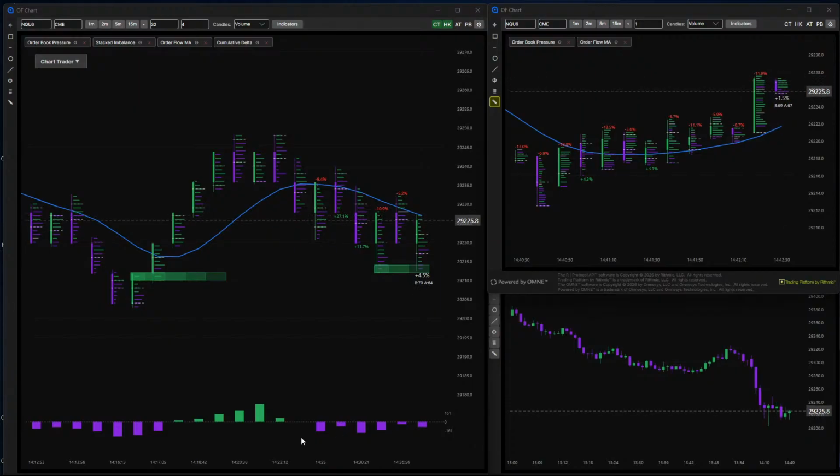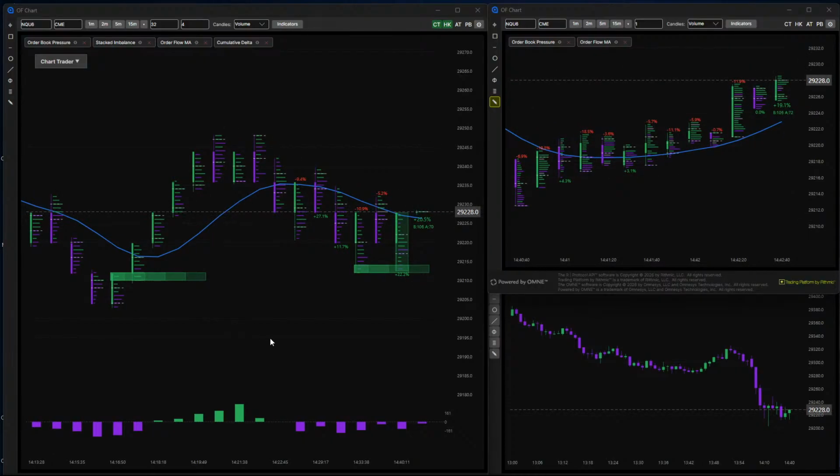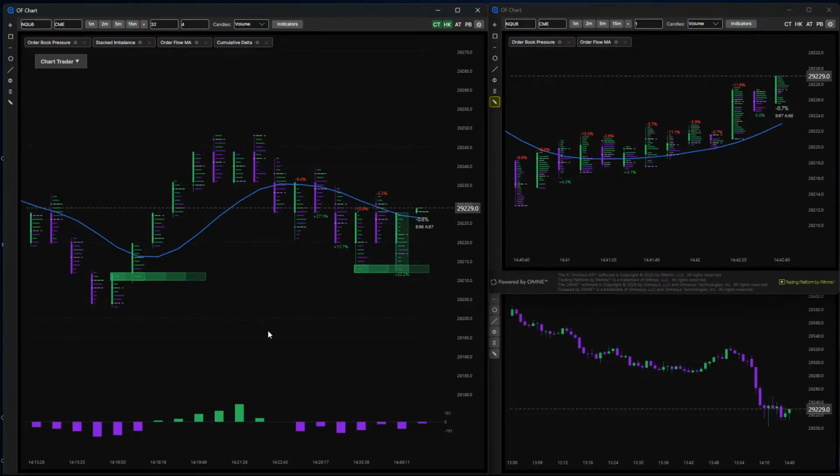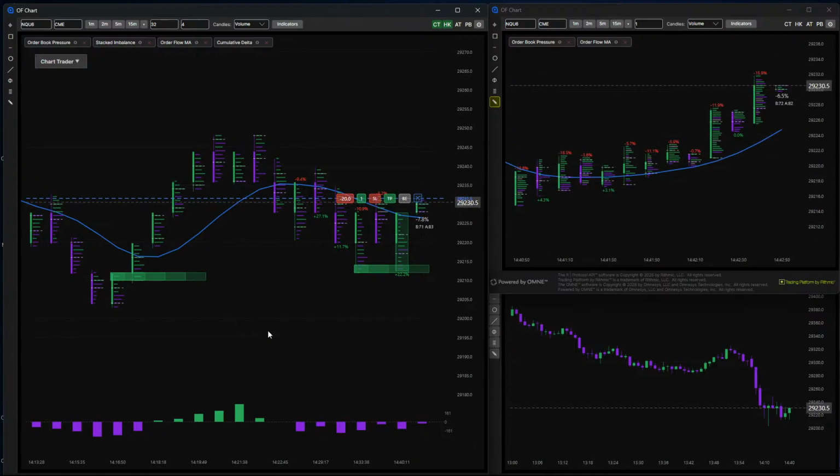Alrighty, let's see what we can get done. We got 22% to the upside. So let's see what we can get done.